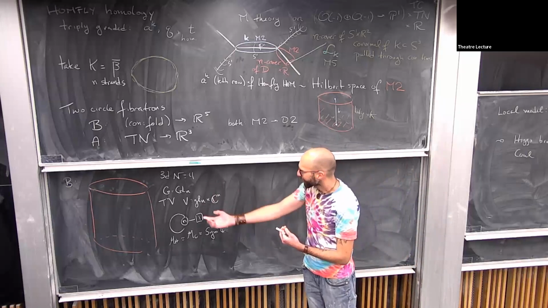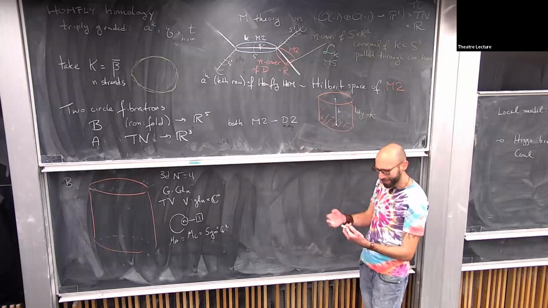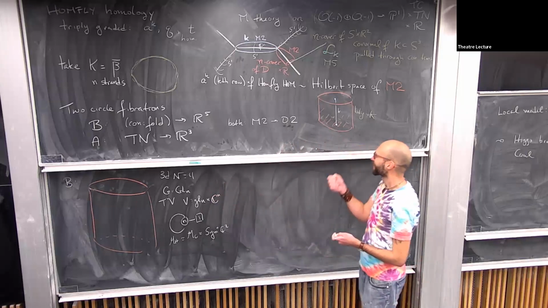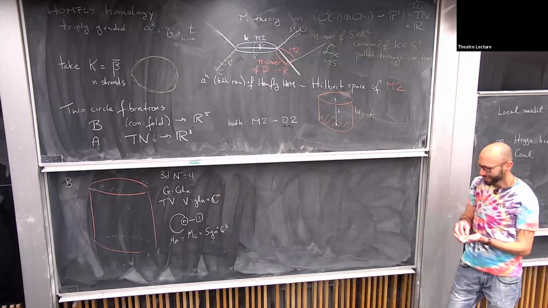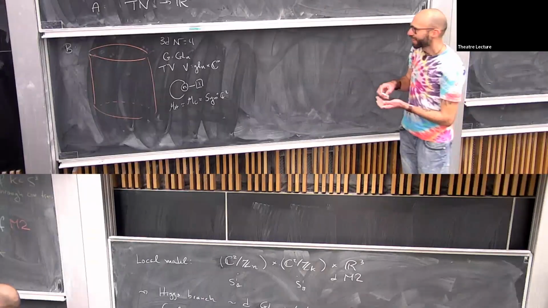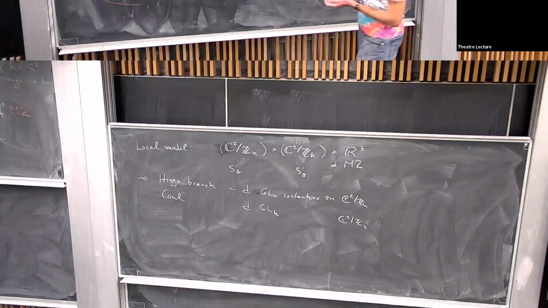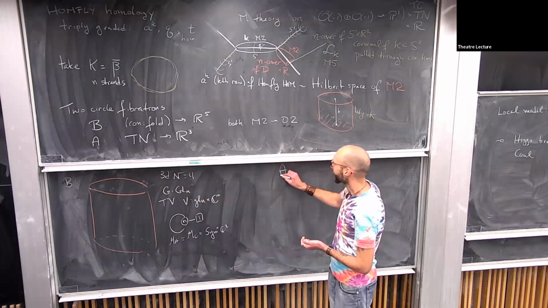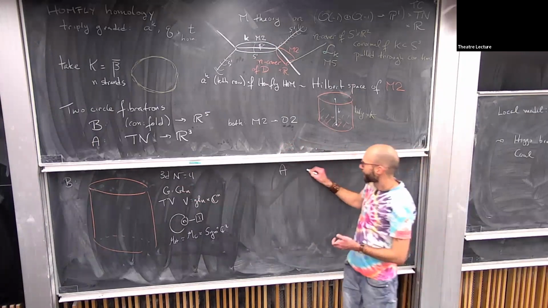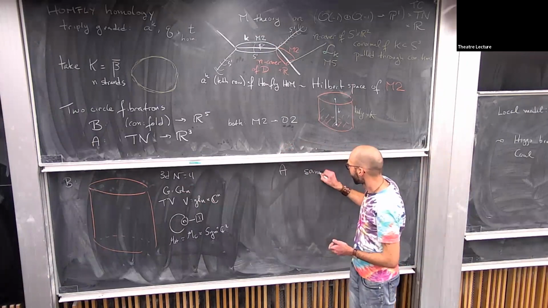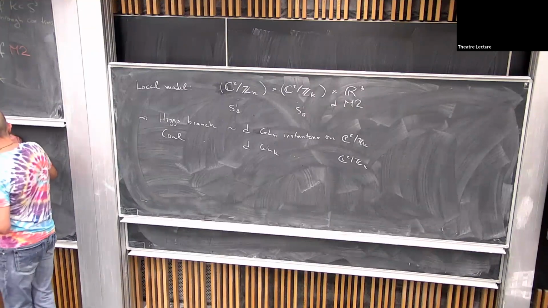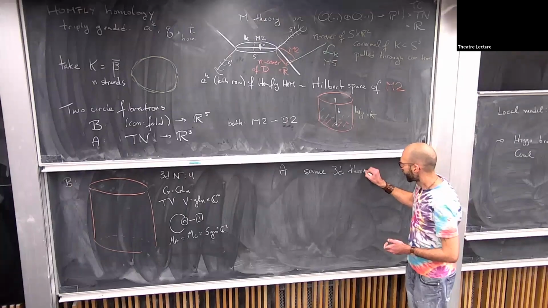I guess I've already drawn the cylinder once. The cylinder always looks the same. It's just how we describe the objects in it that changes. And in the A twist, sorry, in the A reduction, it's exactly the same theory. This one is self-mirror.